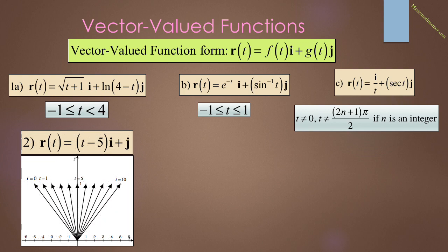Shown is the vector-valued function r of t equals (t minus 5) i plus j. And various values of t are shown in the sketch. The graph is a set of infinite number of vectors. This might represent a fan that oscillates. At t equals 0, the fan gives a force of wind with a magnitude of the square root of negative 5 squared plus 1 squared, which is the square root of 26.